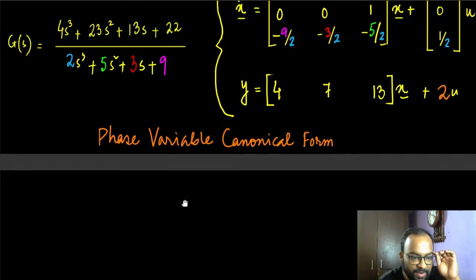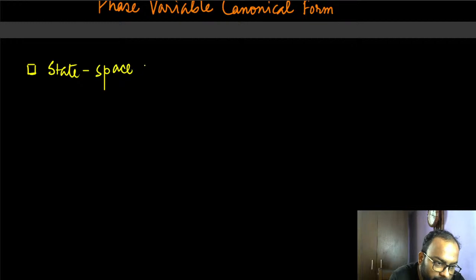So that's the phase variable canonical form. Now let's talk about the second part of today's discussion. Here we are going to generalize the way in which you can convert a state space model into an equivalent transfer function model. So let me write it down. State space to transfer function.